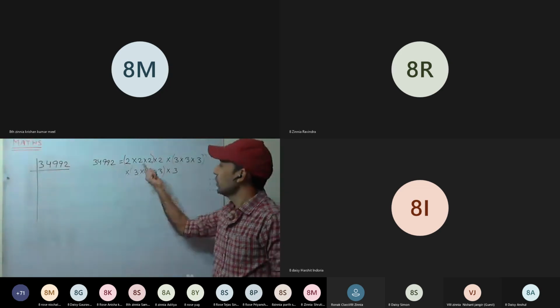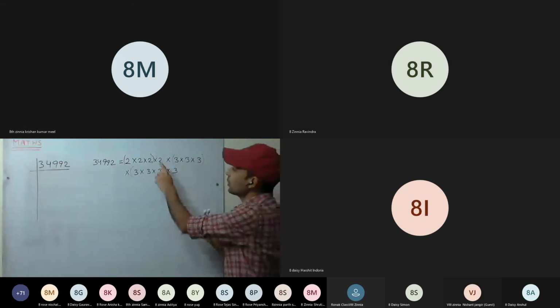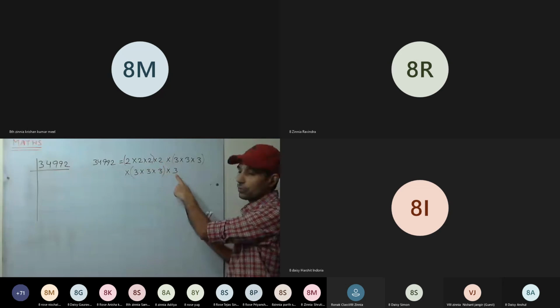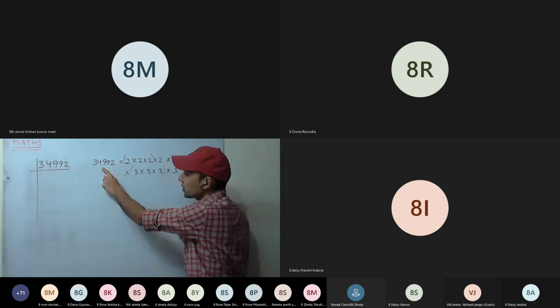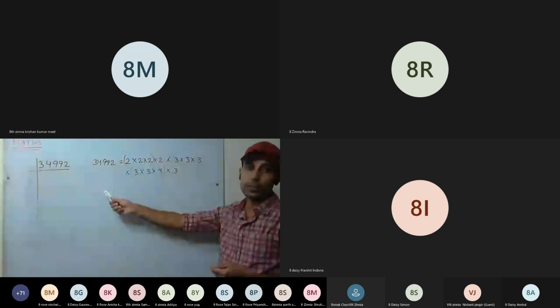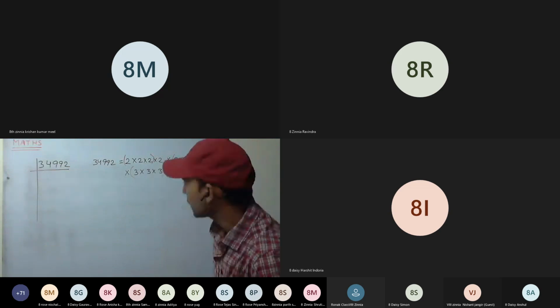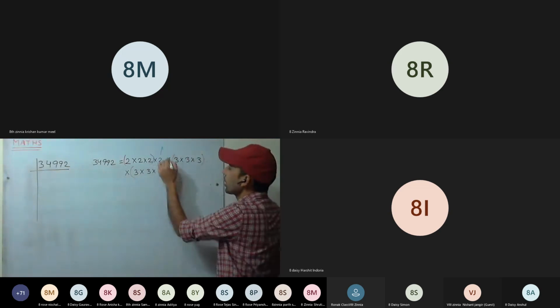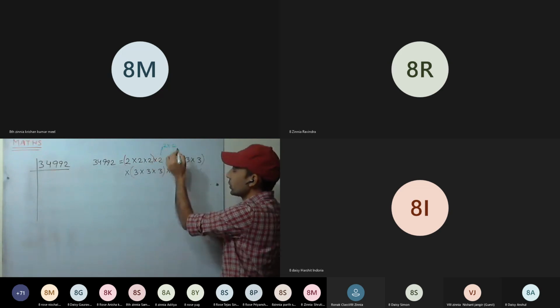Okay. So now see here, it is not a perfect cube. Why? Because triplet of 2 is not formed, triplet of 3 is not formed. And by what number we must multiply this one so that the resultant product becomes a perfect cube? That means we must have triplet of 2, we must have triplet of 3. It must be multiplied with 2 into 2.